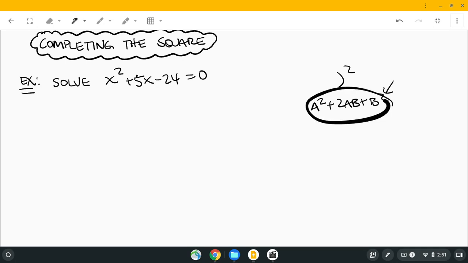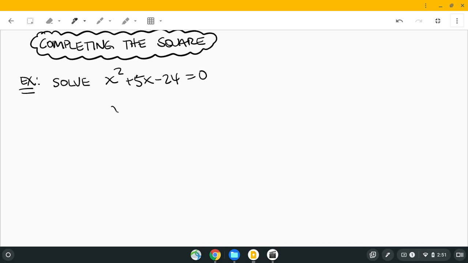Okay, so the way we do that is we go ahead and find a third term that works. I'm going to move this negative 24 over to the other side, and the way I do that is by adding 24 to both sides.